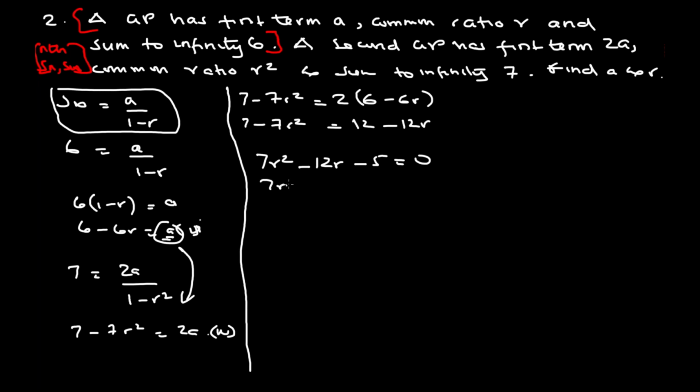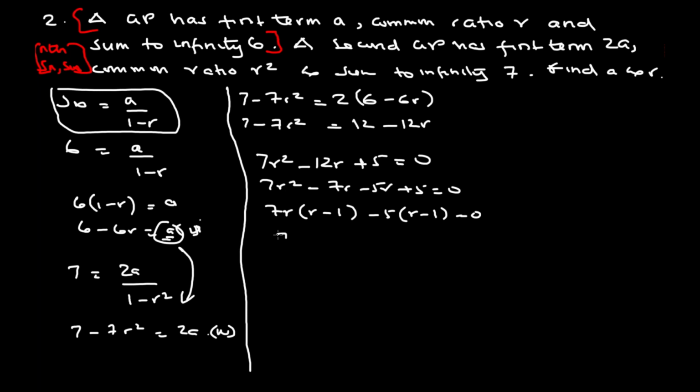This is easy to solve. We can say 7R squared minus 7R minus 5. Sorry, minus 5R plus 5 equal to 0. Right, so we have 7R minus 1, minus 5, R minus 1 equal to 0.